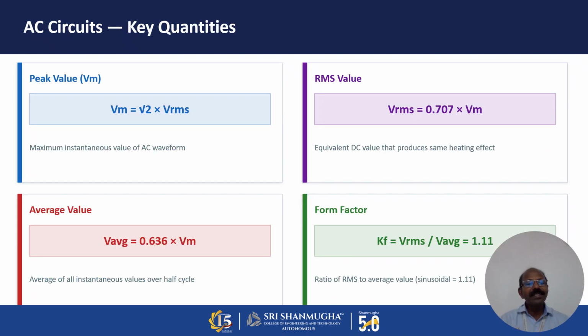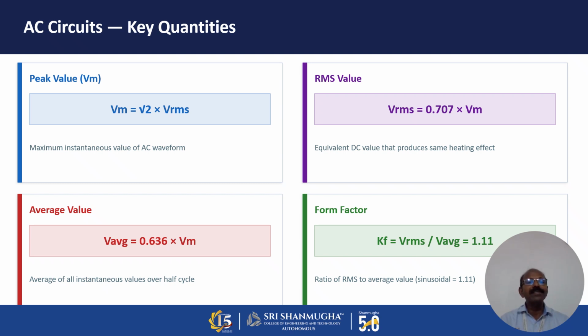Next we will see in AC circuits how to calculate the peak value, the RMS value, the average value, and the form factor. For example, if you know the RMS value, you can calculate the peak or maximum value.